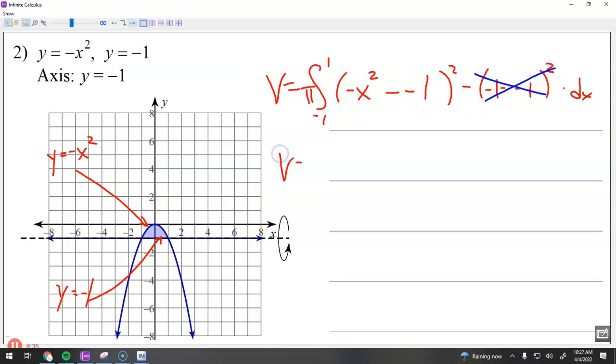So when I went to type that in, it would look like this. Pi times the integral of, then I would go negative x to the second plus 1 to the second. The biggest thing is keep track of your parentheses.